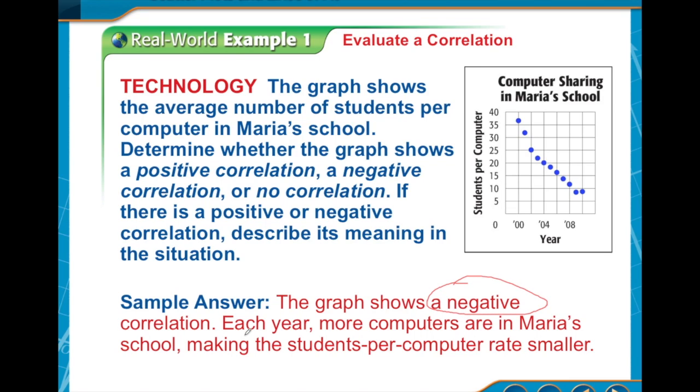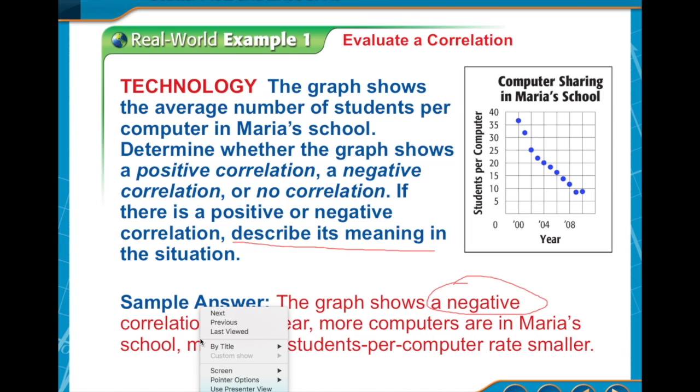In terms of the context of this problem, when they ask us to describe what it means, we know it means every year more computers are in Maria's school, making the students per computer rate smaller. So every year the number of students per computer goes down, and we can explain that because there's more computers that they're adding to the school.